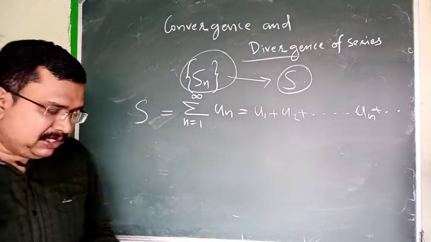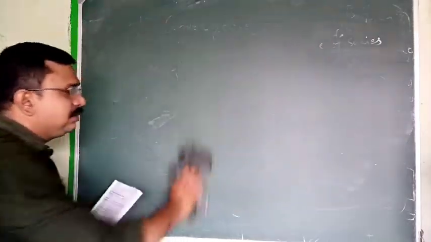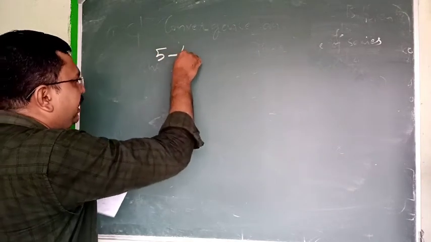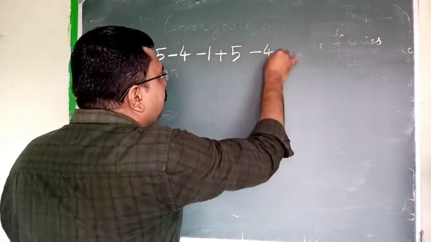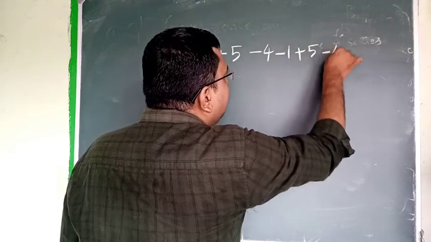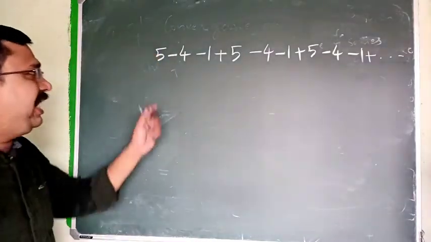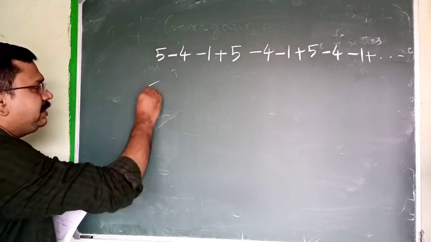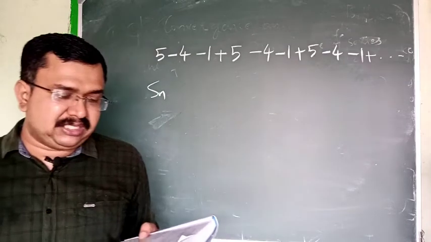My first example is, test the convergence of the series 5 minus 4 minus 1 plus 5 minus 4 minus 1 plus 5 minus 4 minus 1 plus etc. Okay, let Sn be the sum of the first n terms of this series.